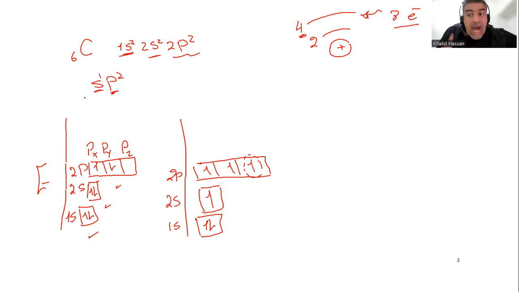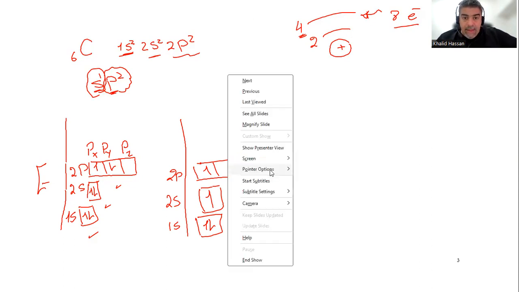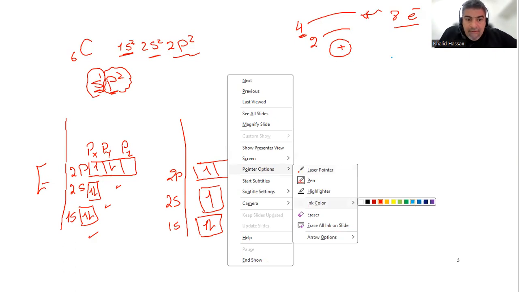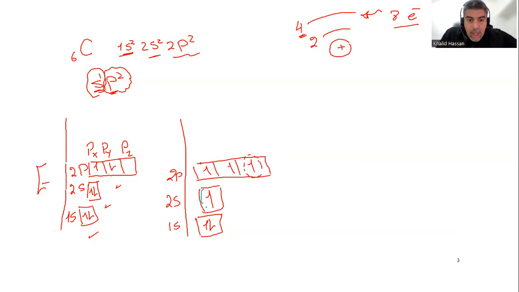It means I will merge 1 electron from s and 2 electrons from p. Let me make it with another color. So this electron will merge, hybridize, with these 2 electrons.